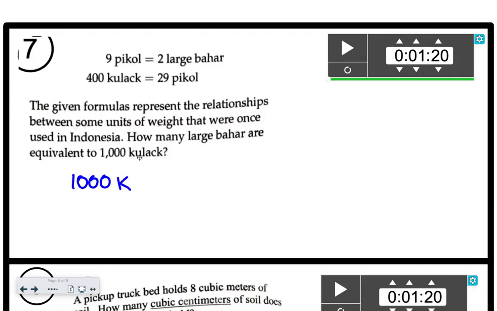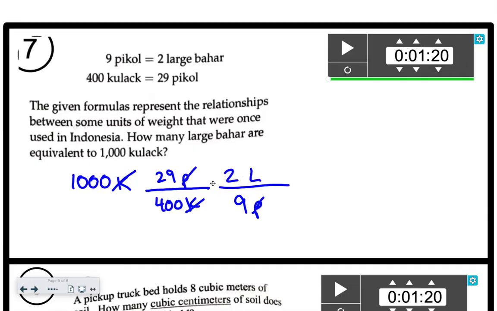So I'm just going to call this QLOC, or K. Then I know that there is 400K in 29 pickle, and I'm going to call that P. So the K's will cancel. Then I know that there are 9P, so the P's cancel, in 2 large Bahar.